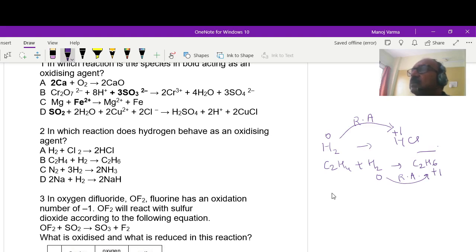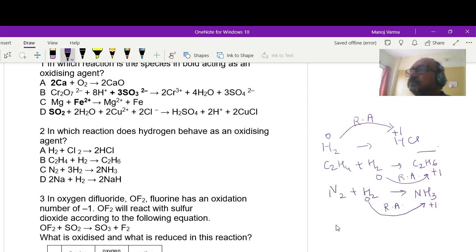Go to the third one, N2 plus H2 gives you NH3. Don't bother about balancing. Balancing does not change the oxidation numbers. Hydrogen here is 0. Hydrogen here again is +1. So again hydrogen is oxidized, so it acts as a reducing agent. This is not the answer.